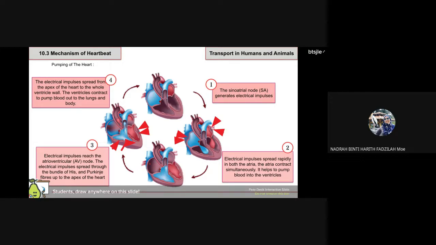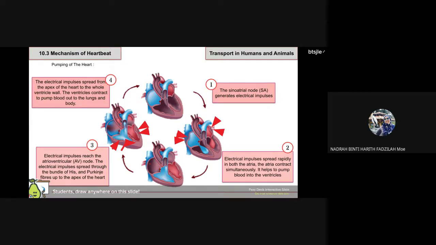So this force that comes from the ventricle tadi, daya tolakan yang dihasilkan oleh ventricle tadi will force the semilunar valve to open, but bicuspid and tricuspid valve close. Okay, tekanan daya tolakan ventricle ni akan memaksa semilunar valve dalam pulmonary artery dan pulmonary vein untuk buka.